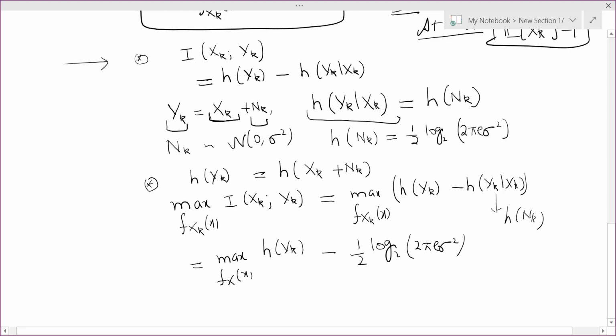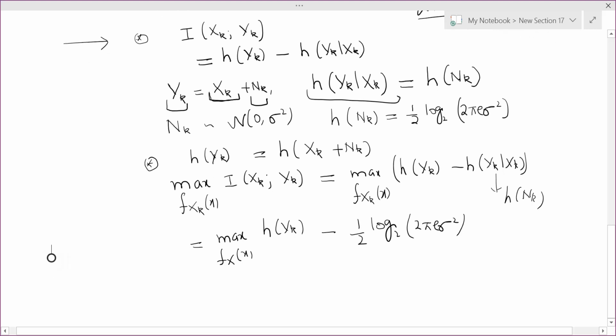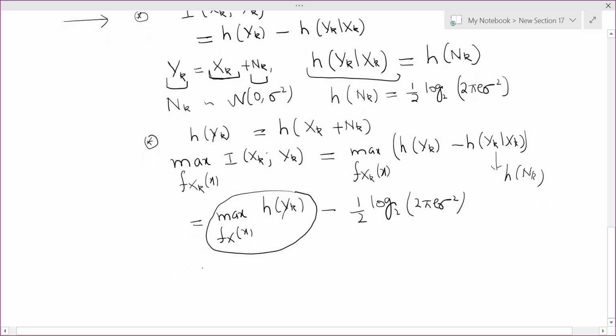So now to maximize the mutual information, you need to maximize the entropy of yk. You need to find the maximum value of this, right? Now here are the facts. We have done one important result: differential entropy is maximized when yk is Gaussian.